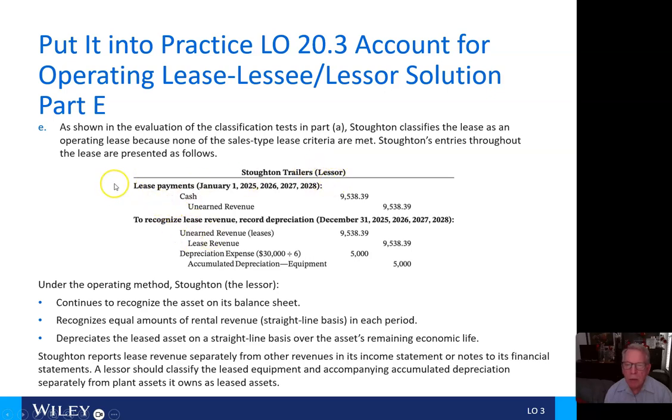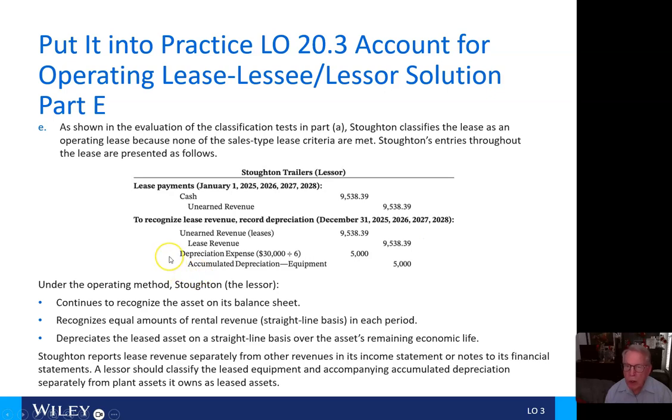So its lease payments for all 4 years will be a debit to cash and a credit to unearned revenue as the beginning of those years of $9,538.39. And then as it earns that revenue at the end of the year, it will reduce unearned revenue from leases for $9,538.39 and credit earned lease revenue for that same amount.